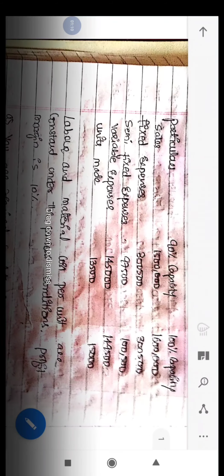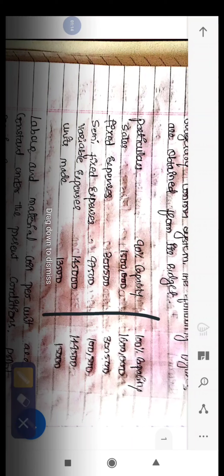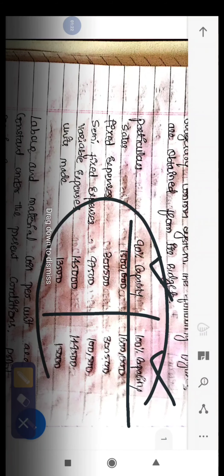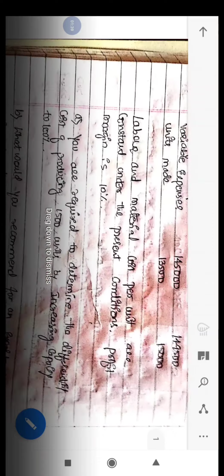So here we will make a difference between 90% capacity and 100% capacity. In this solution we need both this information because we have to calculate the differential cost based pricing. We will differentiate what is the cost at 90%, what is the cost at 100%. So finally what will be the figure? That will be the differential cost pricing.